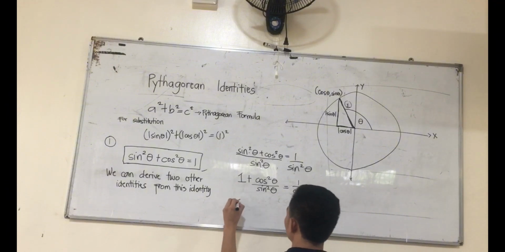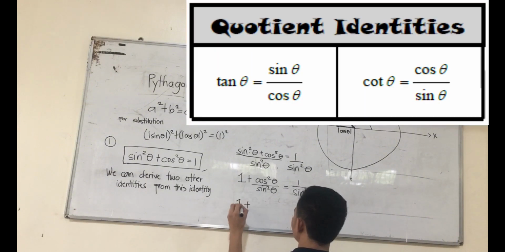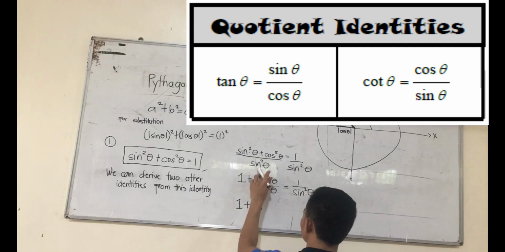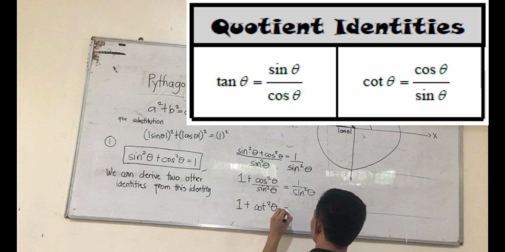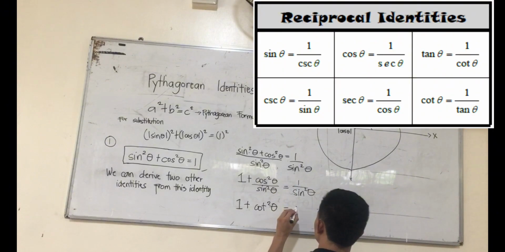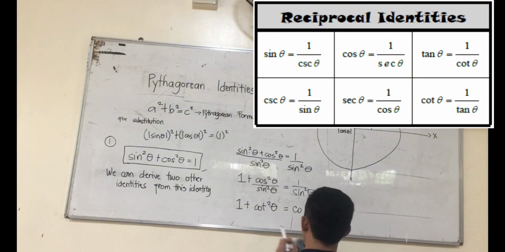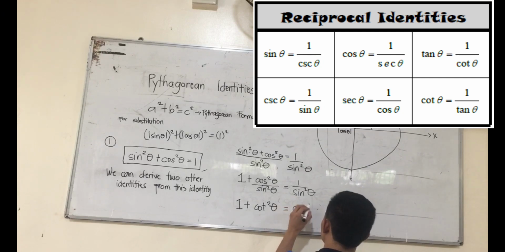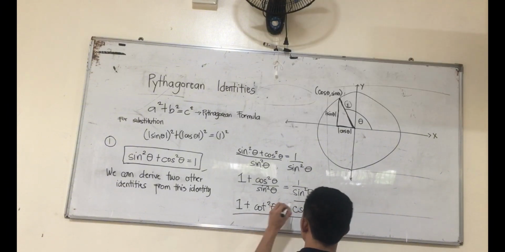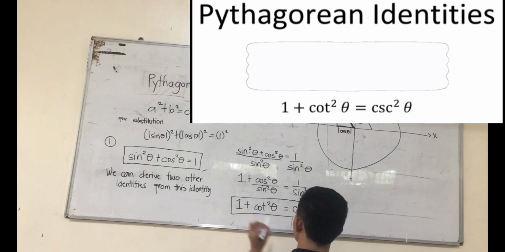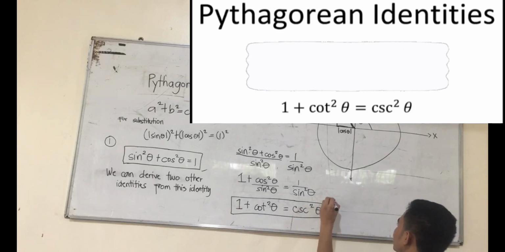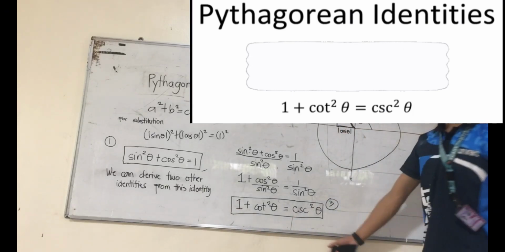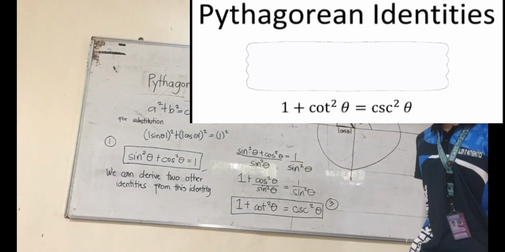And remember that the quotient identity of cosine squared theta over sine squared theta is cotangent squared theta, and the reciprocal identity of 1 over sine squared theta is equal to cosecant squared theta. So the third of the Pythagorean identities is 1 plus cotangent squared theta is equal to cosecant squared theta.